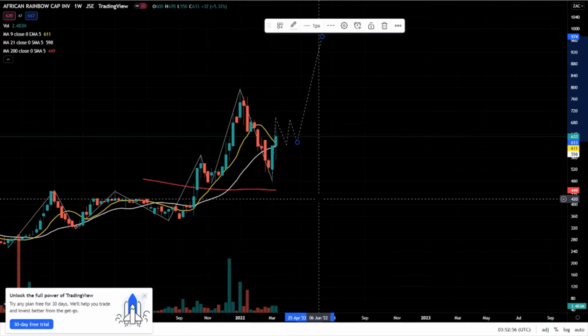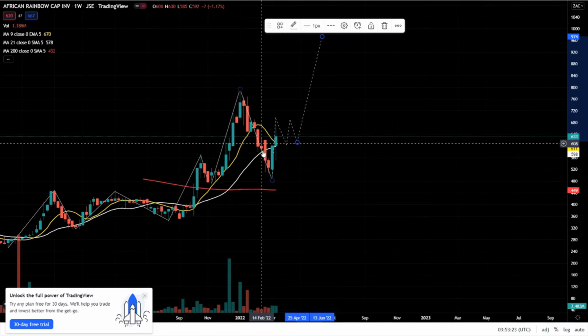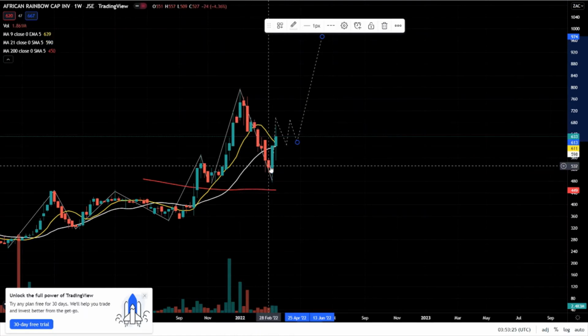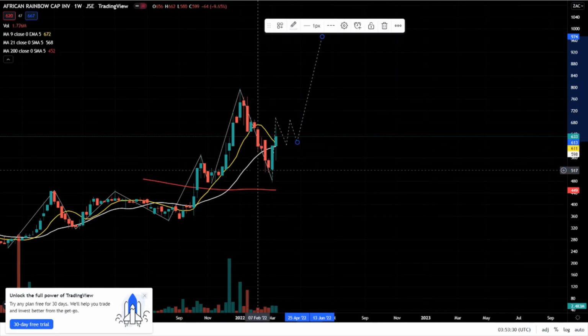So a CFD trader might buy 1,000 rands with CFDs, and the broker then multiplies that by 100 or 500 or something times, and so you effectively are investing, let's say, 100,000 or 500,000 rands worth of shares on the market through a broker, and that has a large implication on the share price. So, and even when it comes to a market taking a bearish trend over here, I would actually see this more as a consolidation.